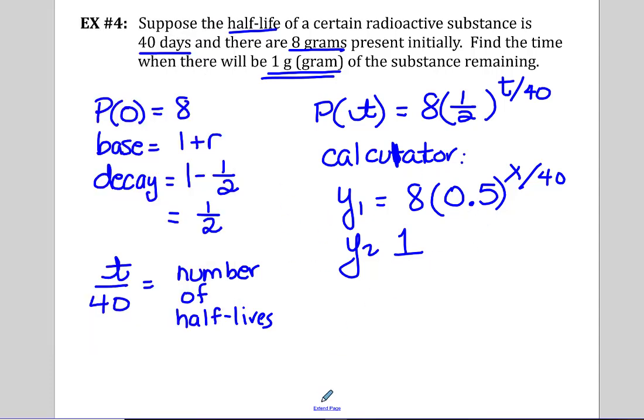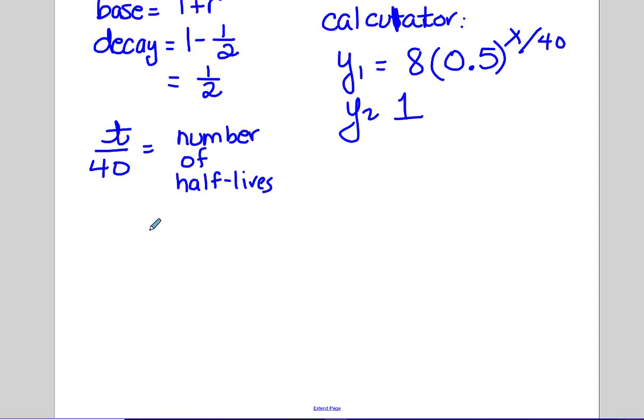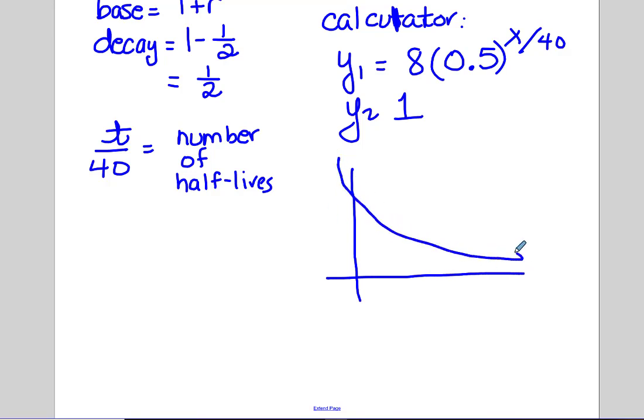That's at that intersection. So you might want to draw a picture for yourself here, just to leave a little record in your notes. So you've got, this is your y1 graph, and this is your y2 graph.